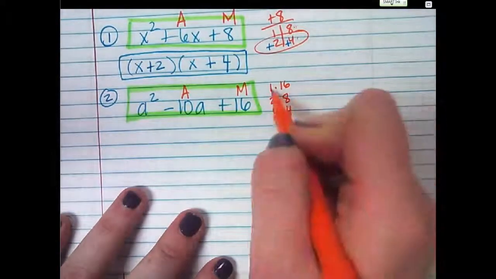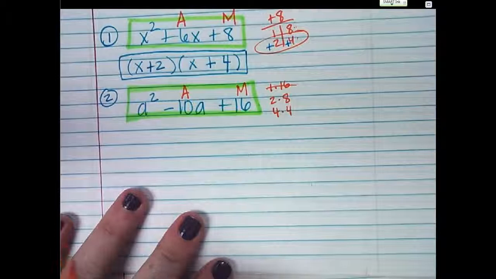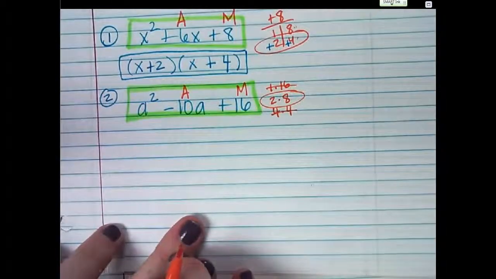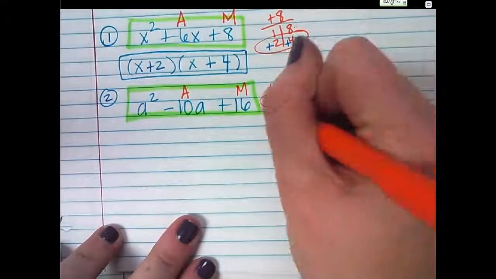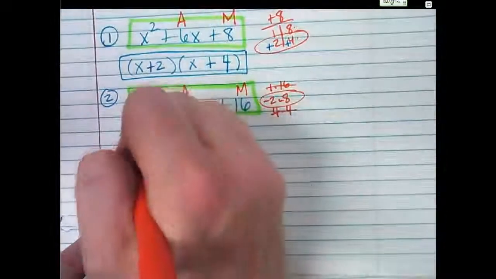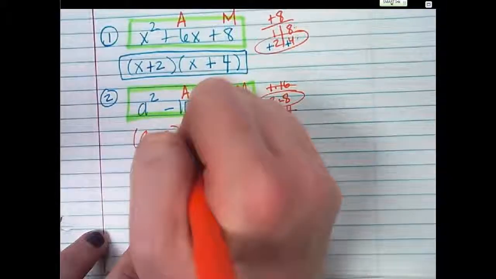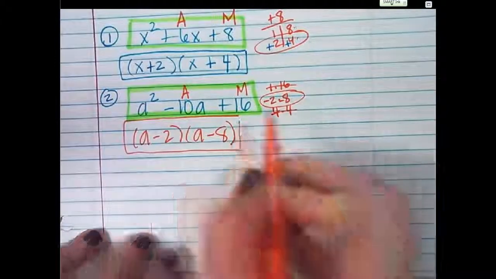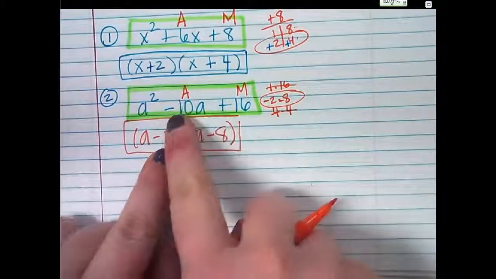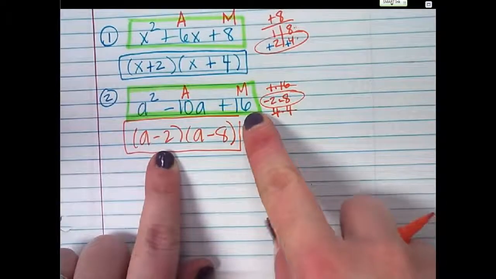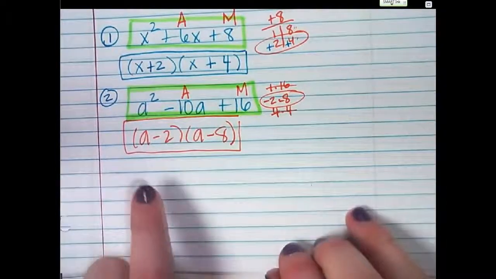Well, you can definitely cross out 1 times 16. And 4 and 4. So it's this one. What are my signs, though? Negative 8 and negative 2. So a minus 2, a minus 8. And double check yourself. Negative 2 plus negative 8 is negative 10. Negative 2 times negative 8 is positive 16. Or you can FOIL it out or multiply it out however you do it.